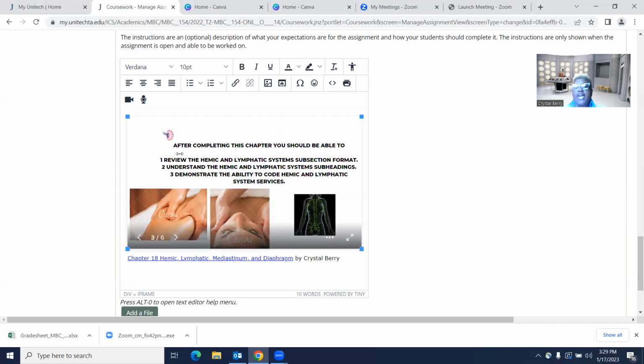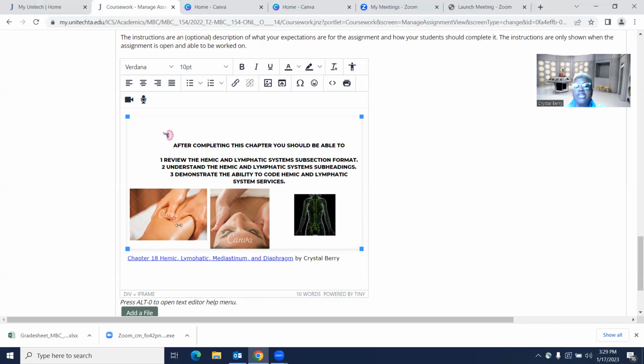After completing this chapter, you should be able to review the hemic and lymphatic system subsection format, understand the hemic and lymphatic system subheadings, and demonstrate the ability to code hemic and lymphatic system services.